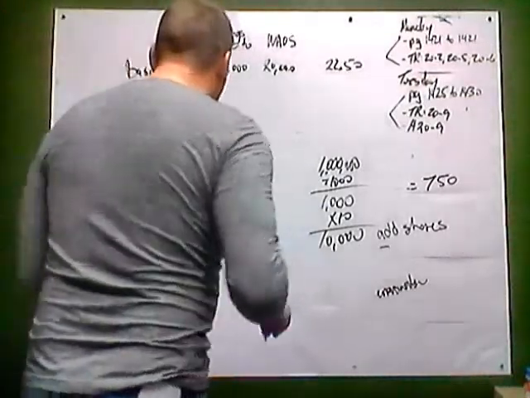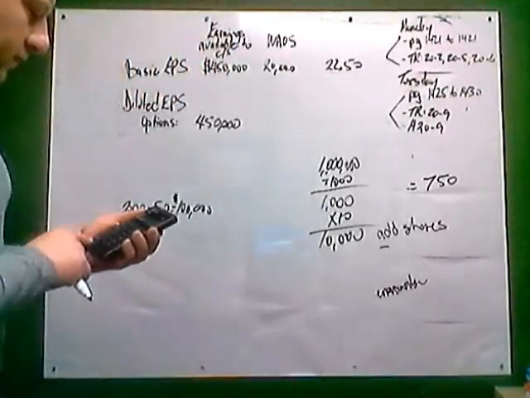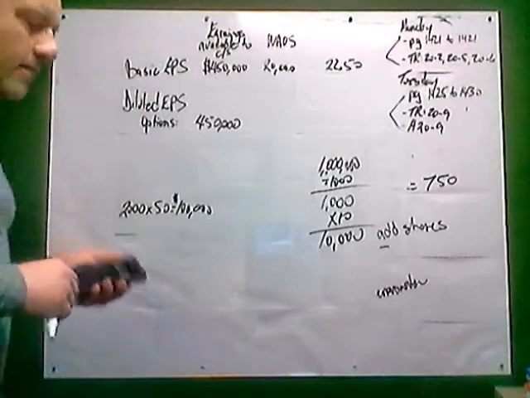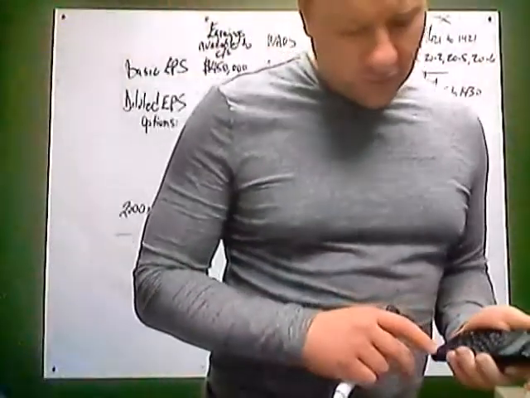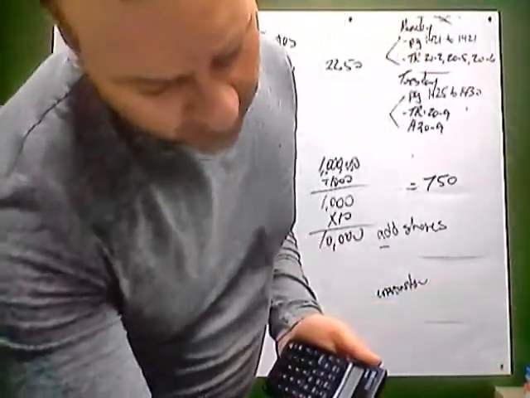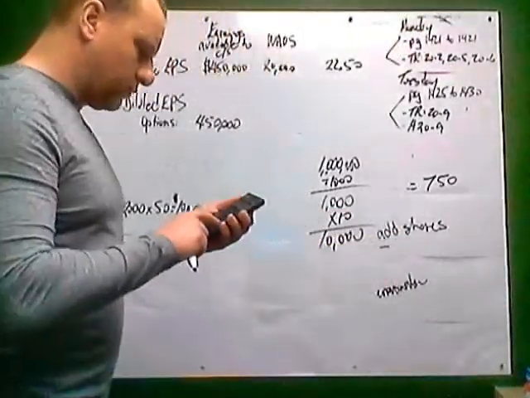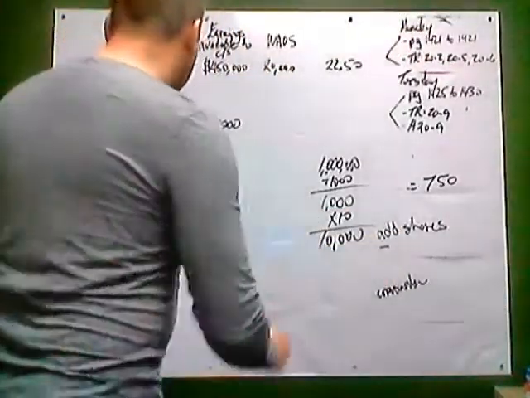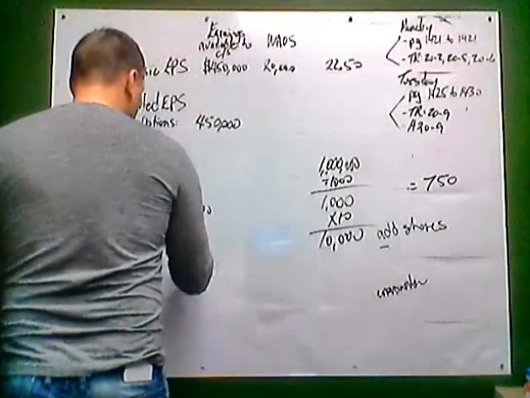So how much are they going to buy back? They've got $100,000, and they're going to take that 100,000 and buy back shares on the market, which are currently trading at 125. So 800 shares. They're going to buy 800 shares.